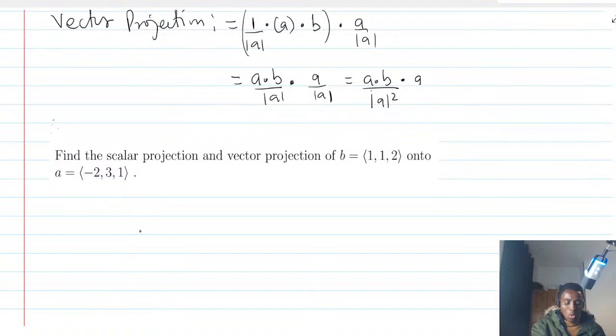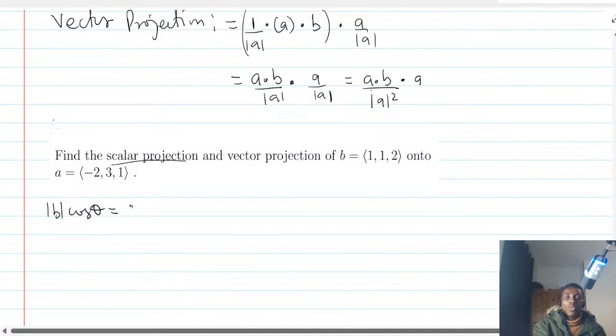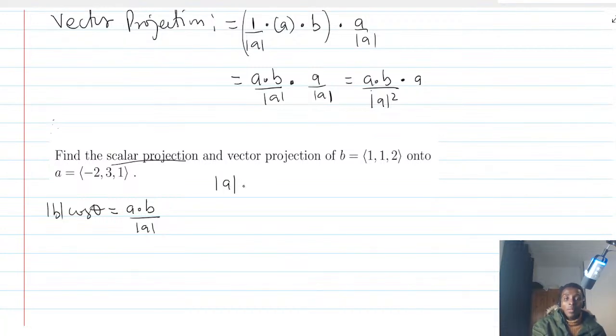Let's find the scalar and vector projection of B onto A. For the scalar projection, it is the same as |B| cos theta, which we know as A dot B over the magnitude of A. So let's calculate the magnitude of A: the square root of (-2) squared plus 3 squared plus 1 squared. And what is that?